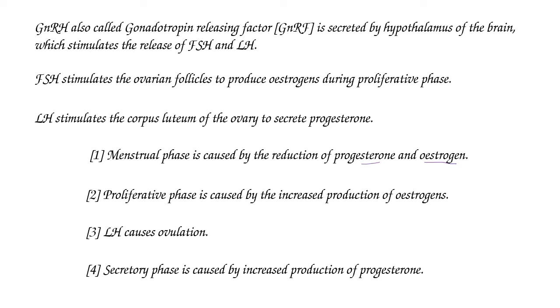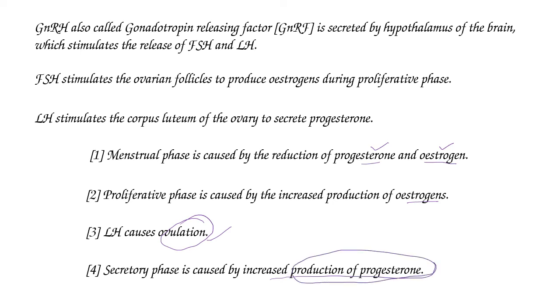That means menses is due to the less production of progesterone and estrogen. Proliferative phase is caused by increased production of estrogen, and increased production of luteinizing hormone causes ovulation, releasing of ovum or secondary oocyte from ruptured Graafian follicle. And secretory phase or luteal phase is caused by the increased production of progesterone.